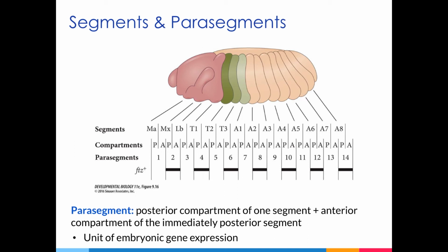A parasegment is composed of cells from the posterior compartment of one segment and the anterior compartment of the next or more posterior segment. As you can see, some genes like ftz are expressed in alternating parasegments rather than in alternating segments. So the parasegment appears to be the unit of embryonic gene expression.